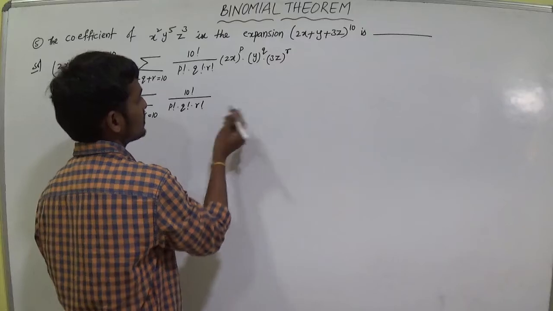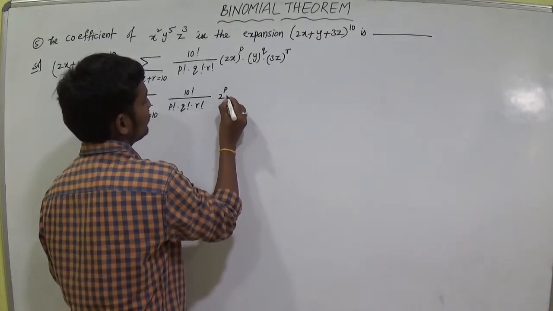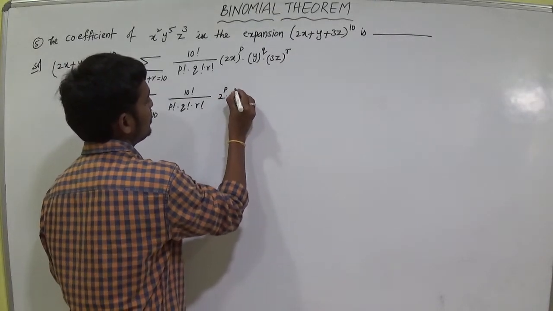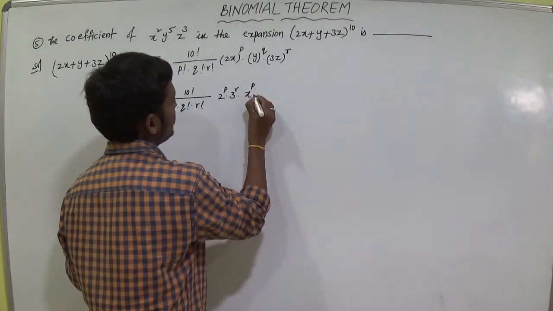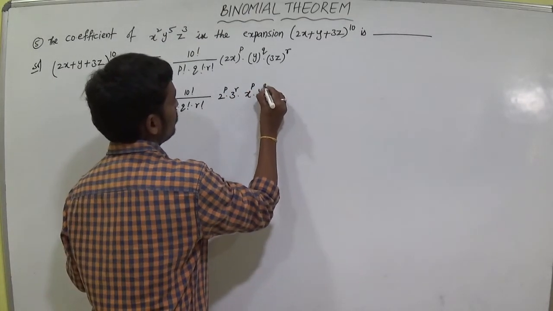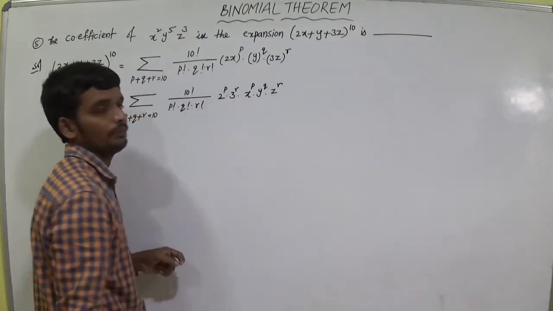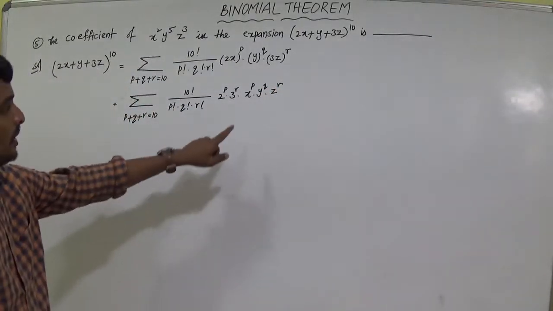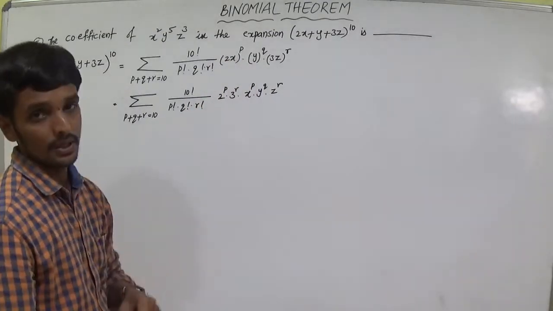Here I am expanding like this, that is 2 power P into 3 power R, and the remaining terms are x power P into y power Q into z power R. Have you understood? I am just separating 2 power P, 3 power R, and the remaining terms.